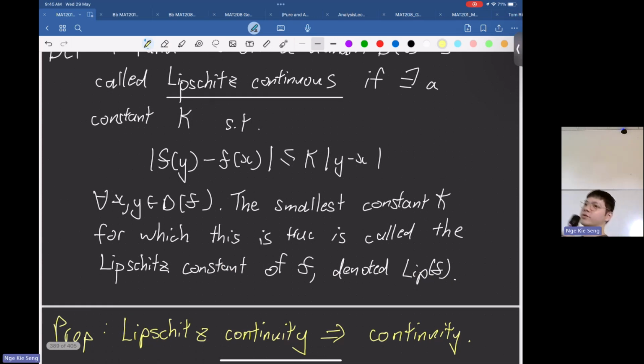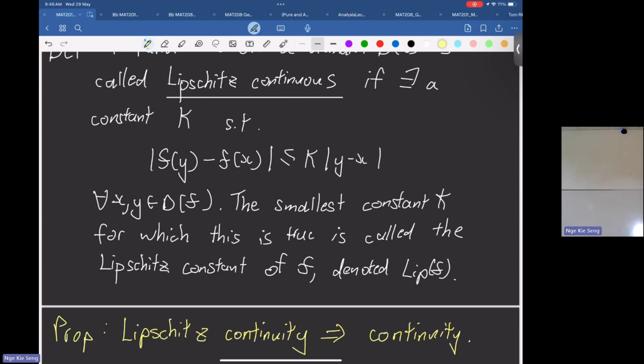What does uniform continuity say? For every epsilon, there exists a delta, and this one is the same for everything. For every x and y within delta, then f(y) minus f(x) is less than epsilon. So meaning what? You need to have a delta that works for every x and y.